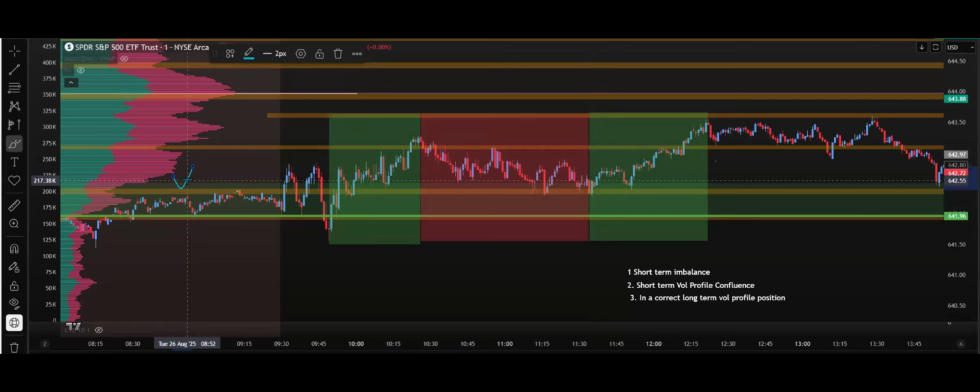I'm okay to take a trade long right here, but I wouldn't want to take a short trade right here because I'm coming into a bullish support area of this specific peak. Or sorry, I wouldn't want to take a long position going into here because it has the highest chance of reversing there. I'd rather wait for it to reject and take the short position on the rejection. And for longs, I would want to wait for it to break through and test that long-term volume node to go long.